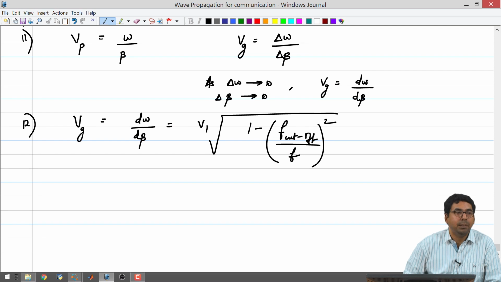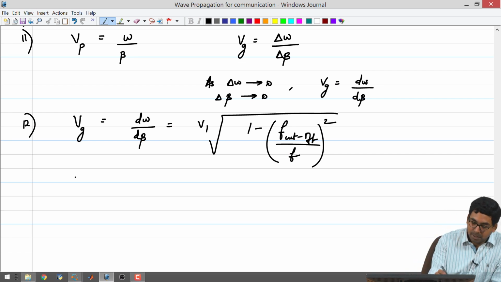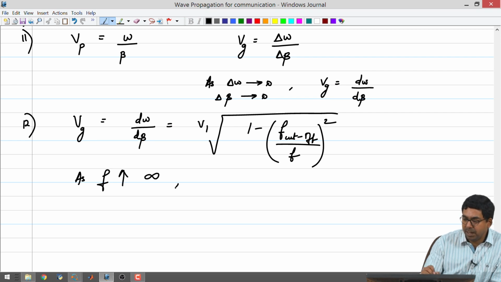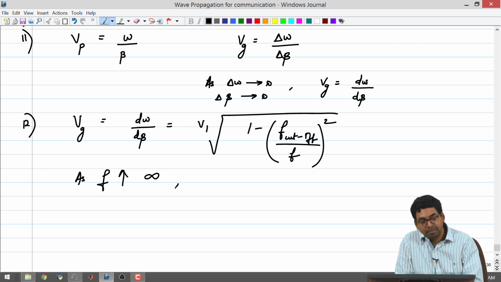So, there is a difference between phase velocity and group velocity, and let us look at the obvious differences. The obvious differences that we can look at is what we did for phase velocity as f increases. Let us say it goes all the way to infinity, very high values, right.